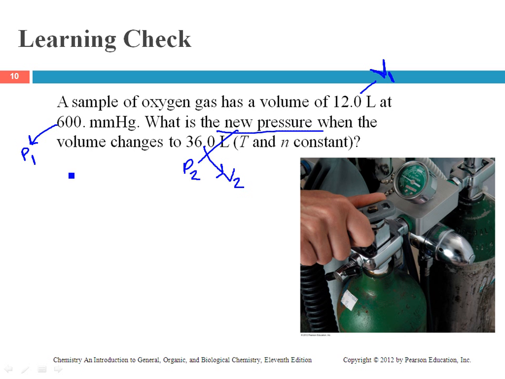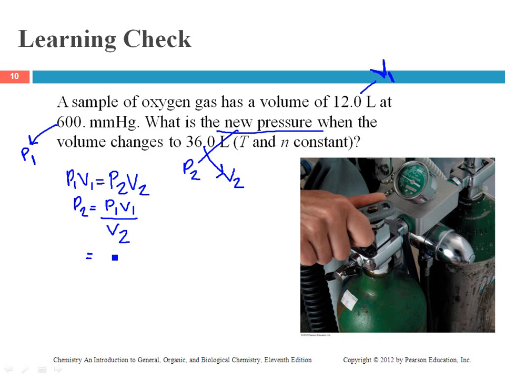If we write out our law, P1V1 equals P2V2, we're looking for P2. If we rearrange and isolate P2 by itself, we get P2 equals P1 times V1 divided by V2.